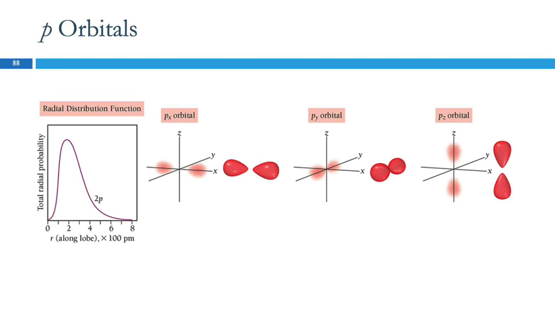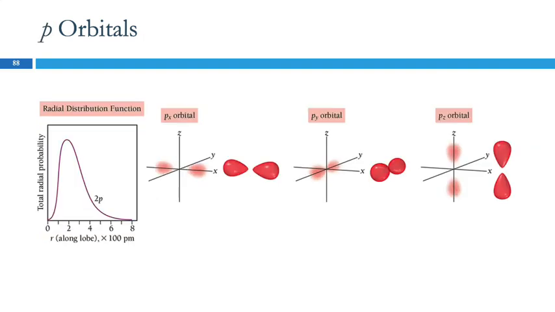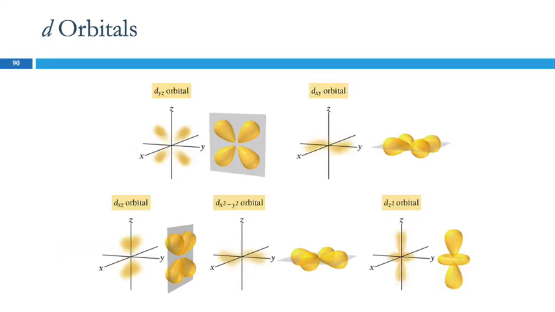Okay. So the d orbitals. Yeah, there's information about the d orbitals. This is what they look like. These 4 kind of look like a double p orbital, right? It's got 4 lobes instead of 2. Well, what's this guy?